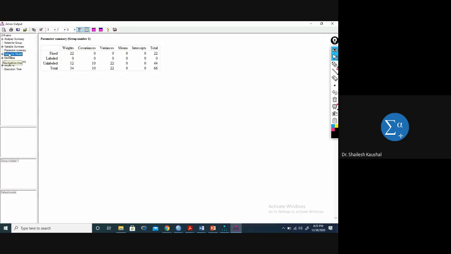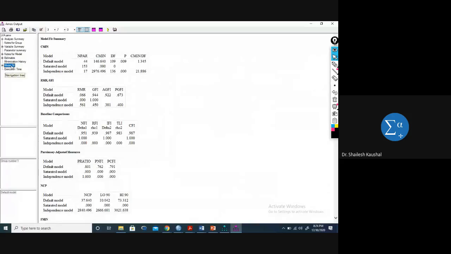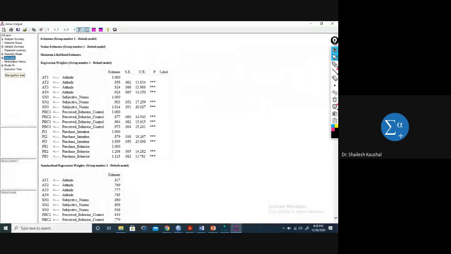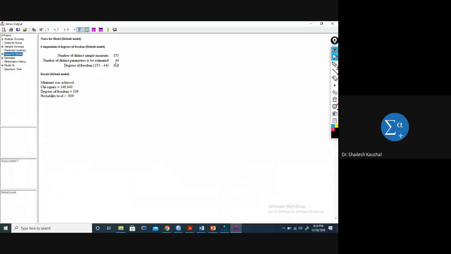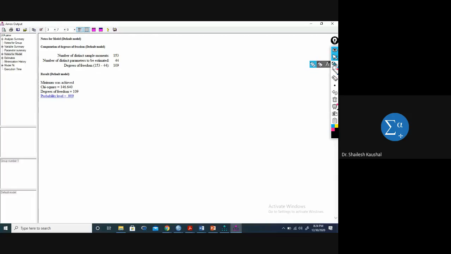Now the most important thing is the estimation tab, the model fit. Before it, the notes for model: the chi-square value upon degree of freedom. The first step in the goodness of fit indices is to see the chi-square by degrees of freedom, which should be less than 2.